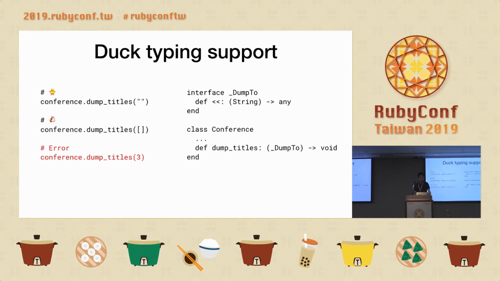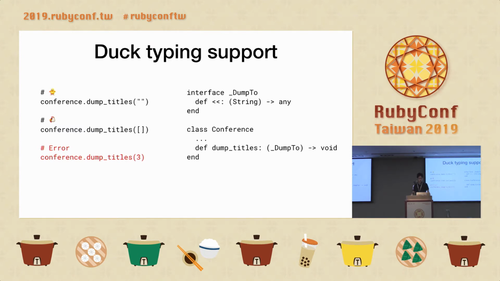Okay, and it supports a kind of duck typing. I think that duck typing is one of the most important properties of Ruby programming. It accepts any object of any class, and it only depends on which methods are defined in the class.